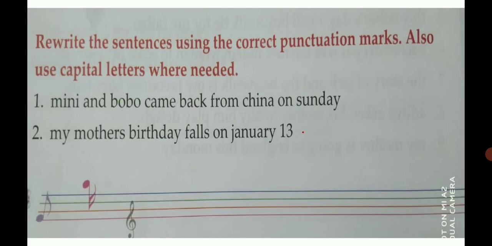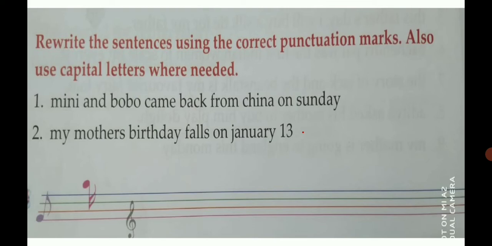First of all, we have to punctuate the sentence, meaning where the capital letter is needed, where the full stop is needed, where the comma is needed. We will put all the punctuation marks where they are needed, right? So here I will put a circle on it, and then I will write the correct way to write the particular word. But you have to write the whole sentence in your classwork notebook, right? Don't do like this.